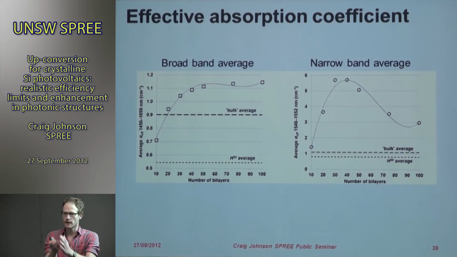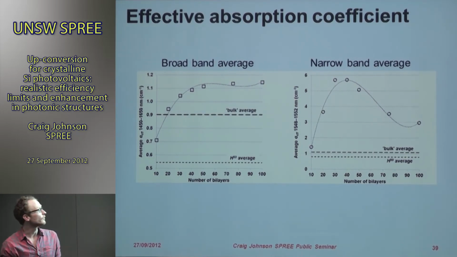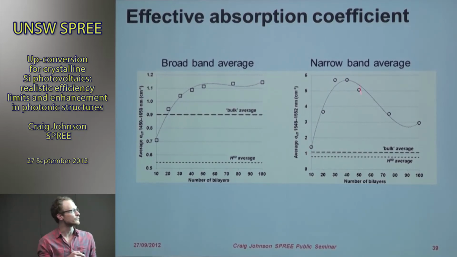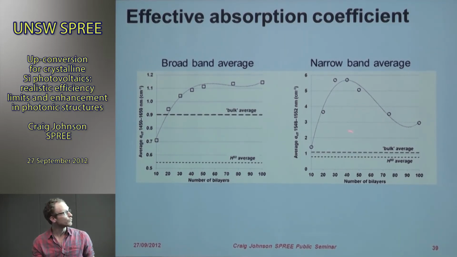That's because the enhancement region becomes so narrow that even though the peak height is huge, it's hard to access. If you look at the narrow band around 1550, you get an even bigger number, of course. That number peaks between 30 and 40 bilayers and then drops off again, which is mostly an artifact of limited resolution in the simulation. But again, it's well above the bulk average, which is quite interesting.